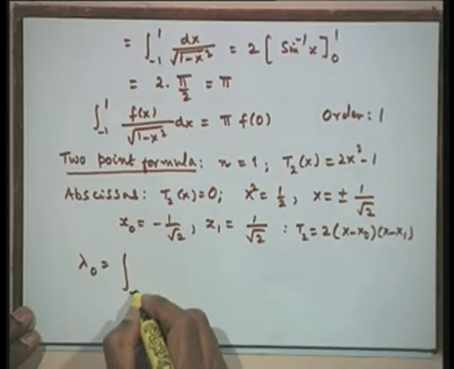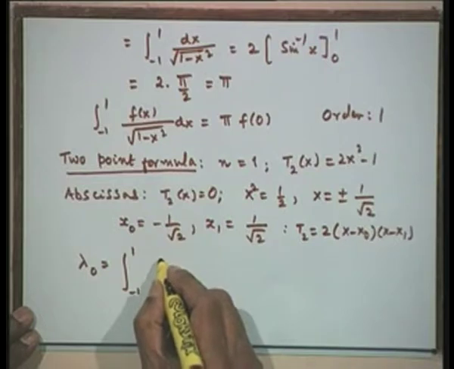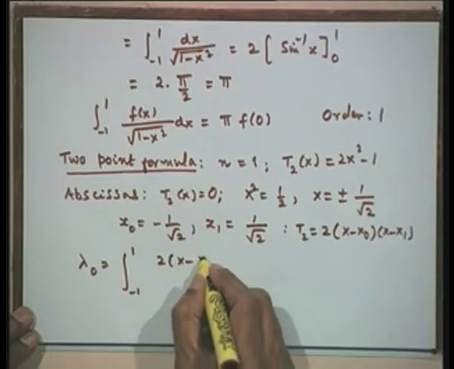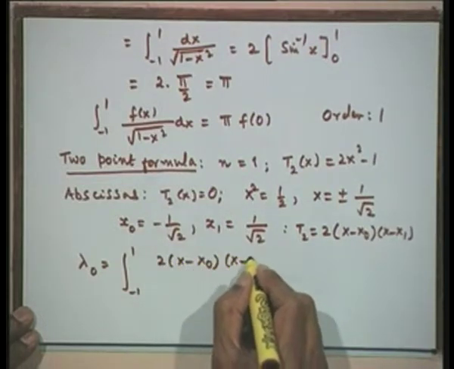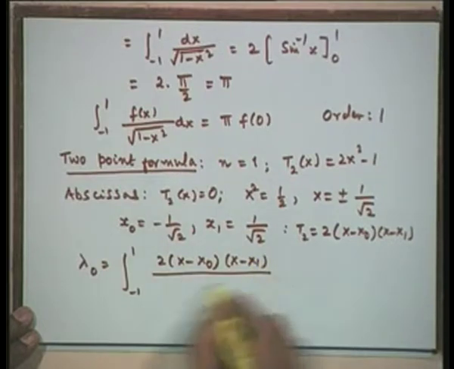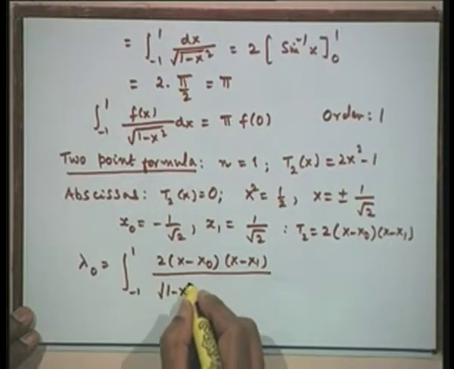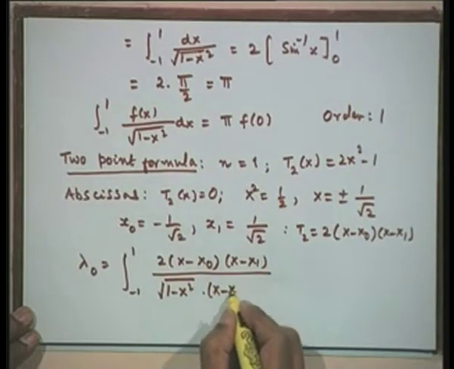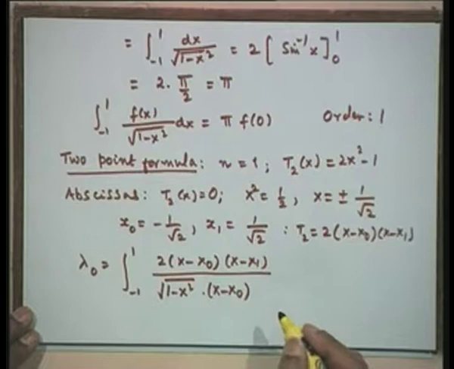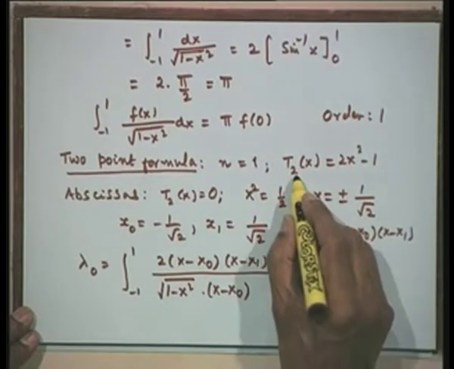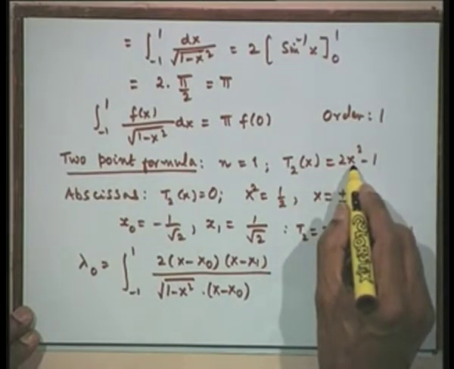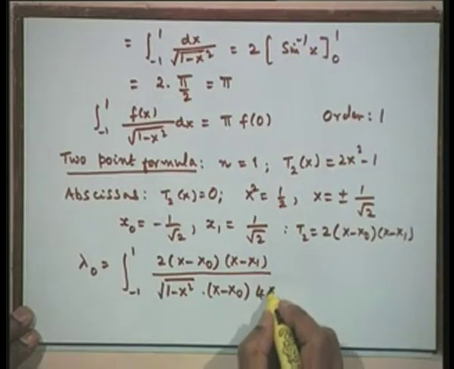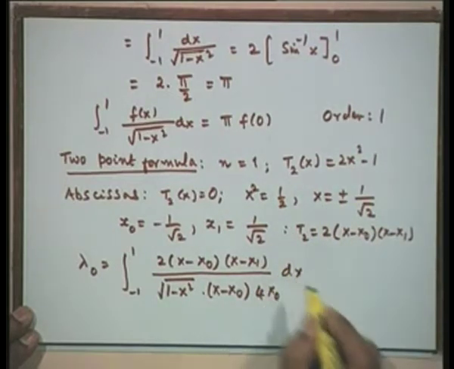Therefore, I will have here the integral from minus 1 to 1, this is t 2 in the numerator, then the weight function 1 upon under root 1 minus x squared, divided by x minus x naught, and t 2 prime is 4 times x. Therefore, this will be 4 times x 0 dx.